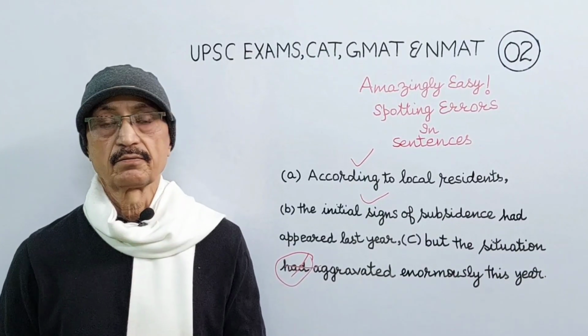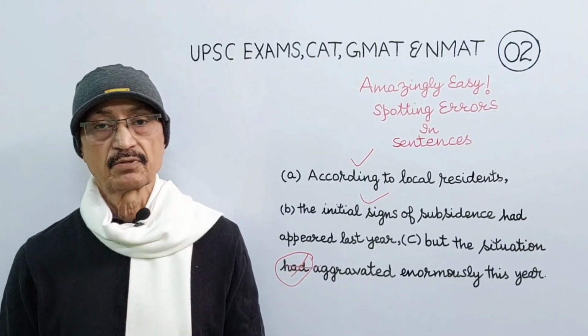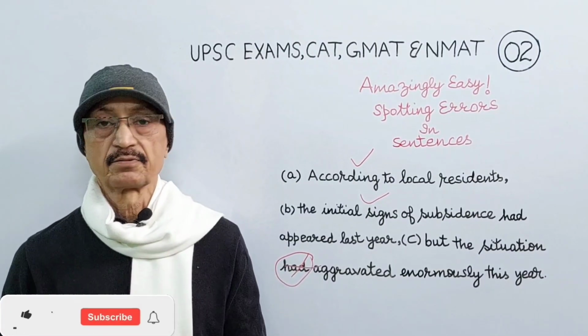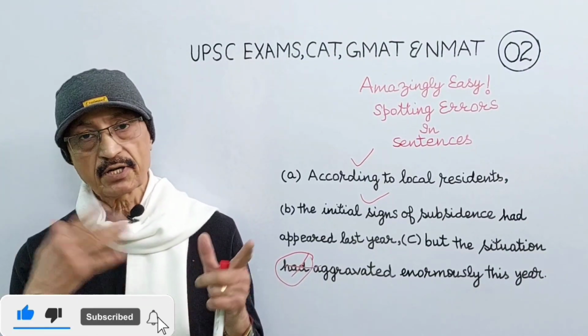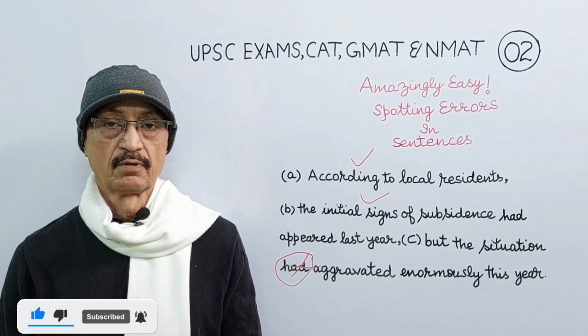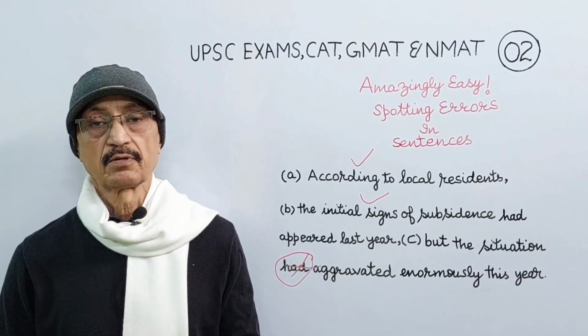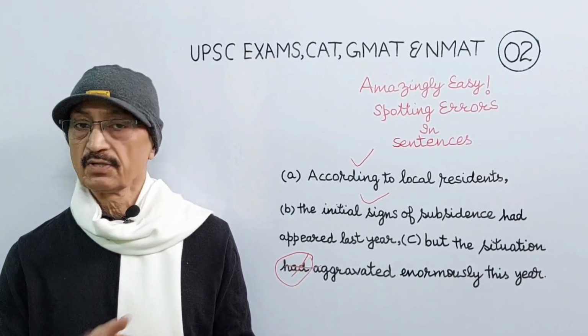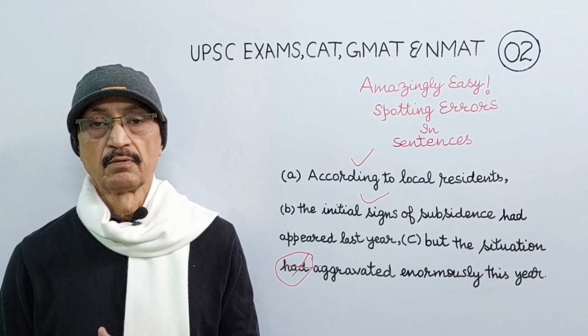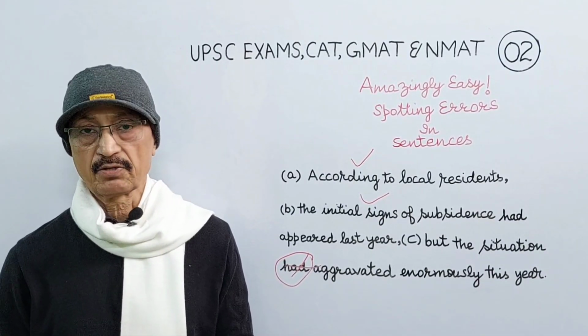In using past perfect tense, students make mistakes. When there are two events or two actions, in the first event you should use past perfect, in the second event you should use simple past.